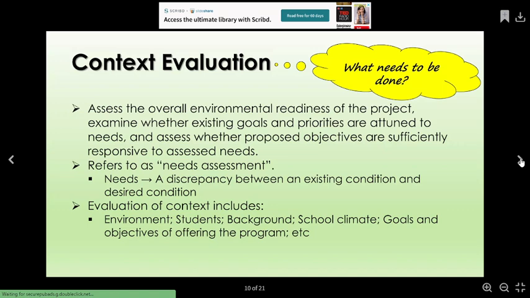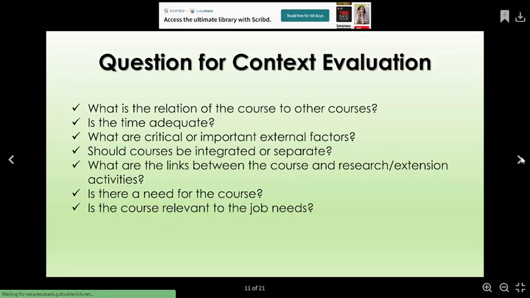We assess the overall environmental readiness of the project, and whether this can be attained.